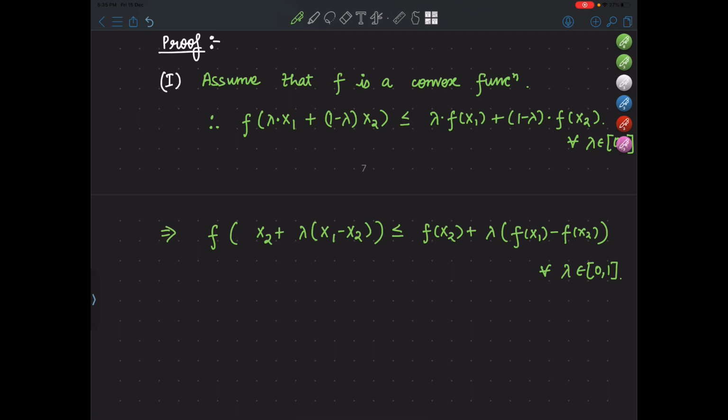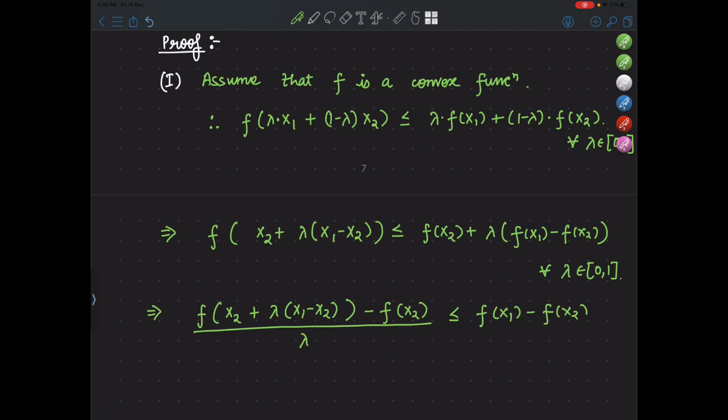Now because lambda is a positive number, we can write it as follows. I brought f(x2) to the left hand side, and sent lambda to the denominator because lambda is positive, so the inequality sign doesn't change.